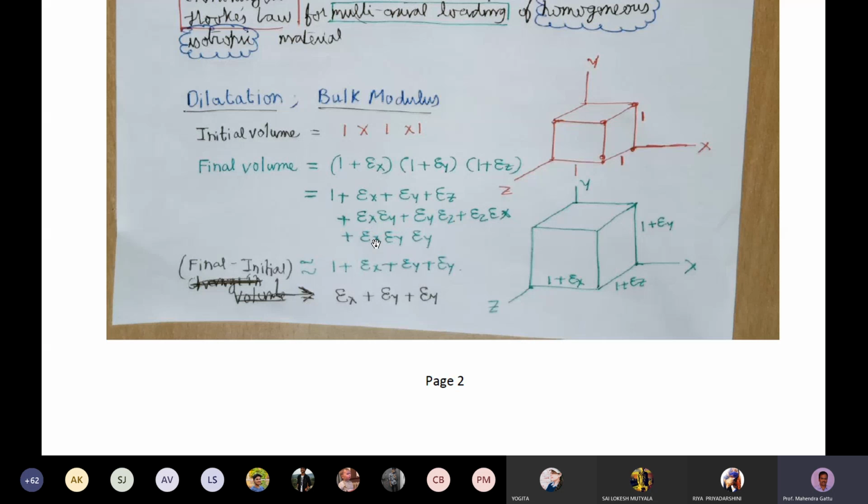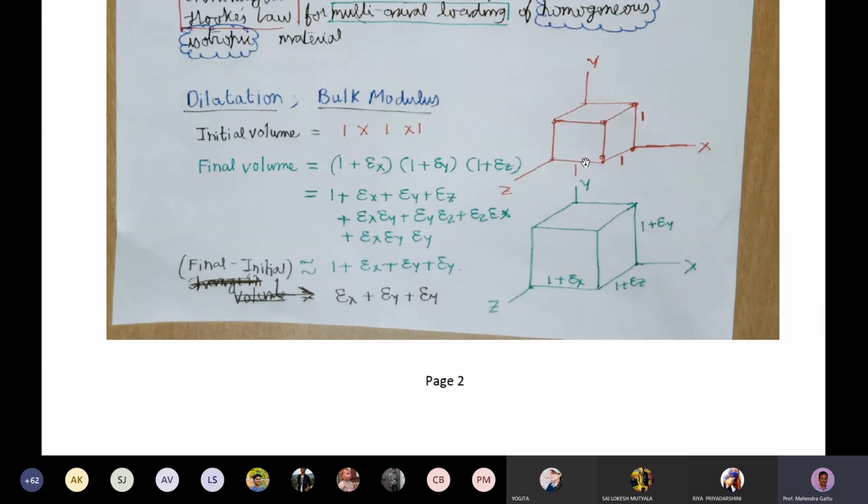Similarly, epsilon x epsilon y epsilon z can be neglected. So we get the final volume as 1 plus epsilon x plus epsilon y plus epsilon z. So this cube has initial volume 1, and the increase in volume for this cube is epsilon x plus epsilon y plus epsilon z.